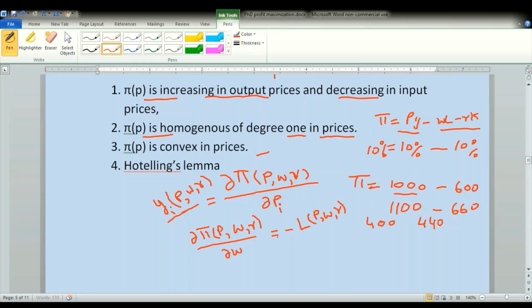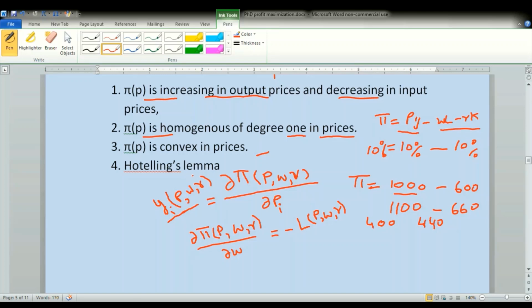Similarly, if I had taken the partial derivative of the profit function with respect to R, I would be getting the negative of the capital demand function. There are other properties that have been mentioned both in Mas-Colell and in Varian. I am concentrating on only these four properties. They are important to some extent.